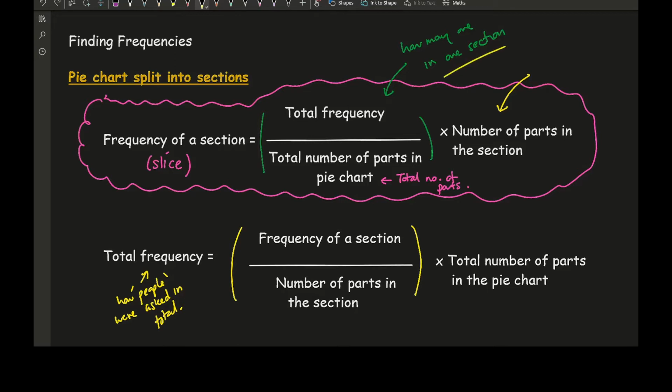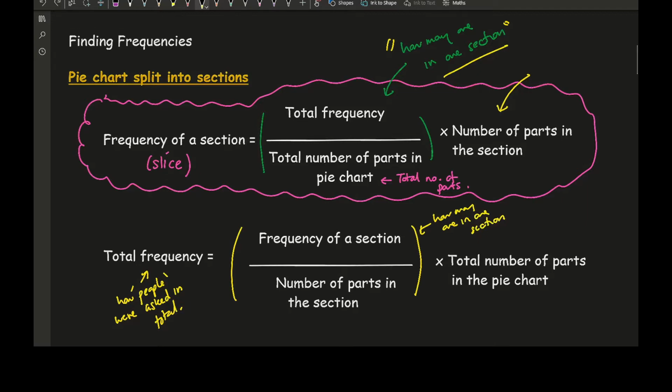Again, what you're doing is working out how many are in one section. And then once you know how many are in one section, all you need to do is multiply that by how many sections there are in total.